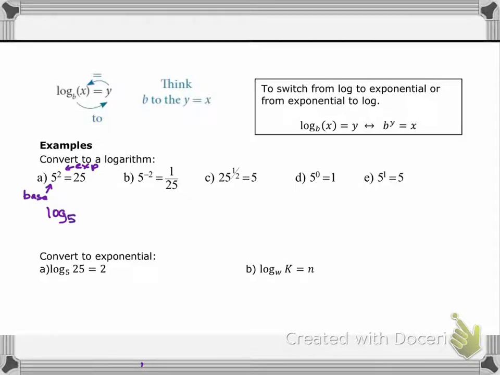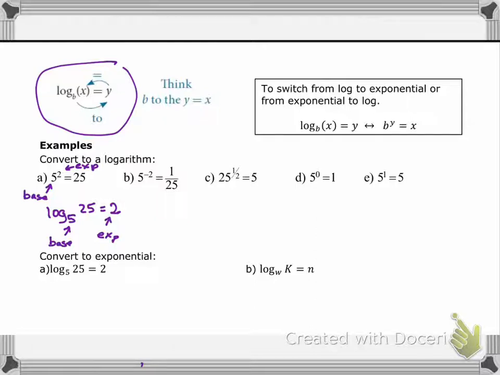And I say this every time. And then that other number goes next to it, of 25 equals 2. So remember, here's your base, and there's your exponent. This one's kind of nice. It says, going that way, the base to the exponent equals the x. So you would just be doing it backwards. All right?